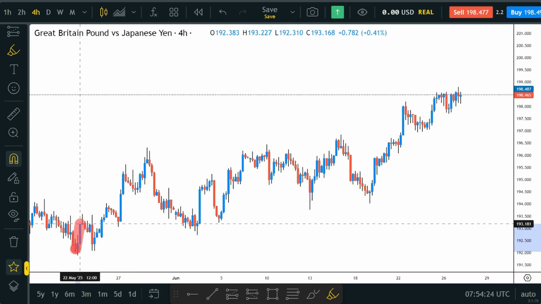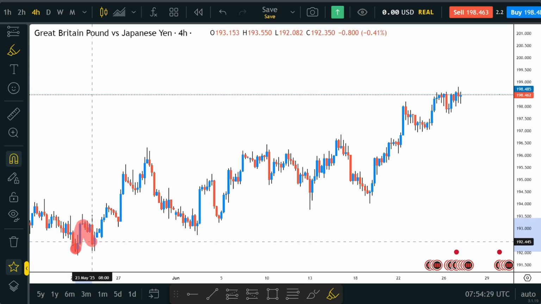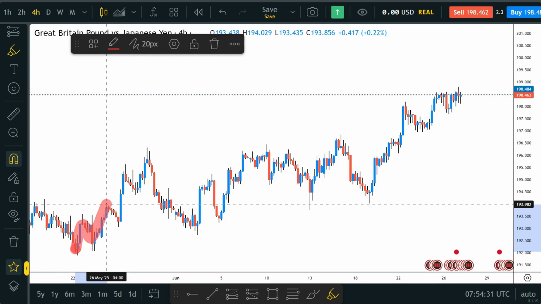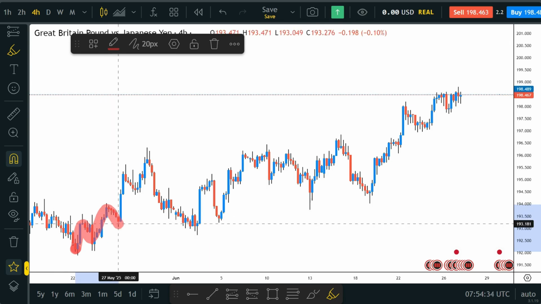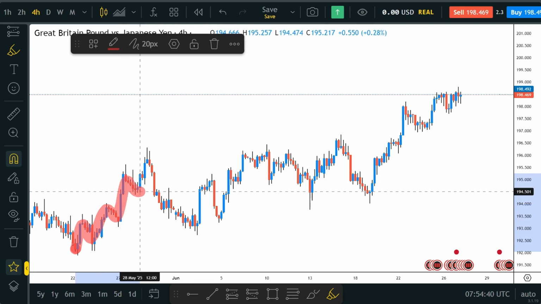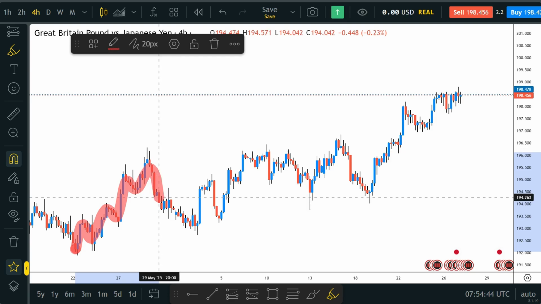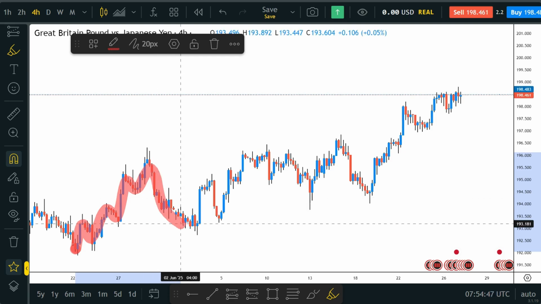Market has formed a high, has formed a lower high, has formed a high, has formed a lower high, has formed a high, has formed a lower high, has formed a high, and the market came and broke to the downside to form another low here.